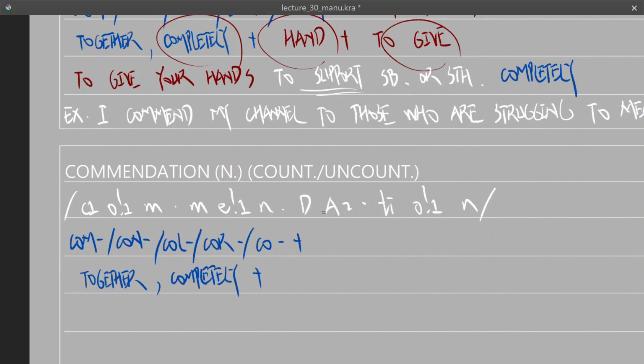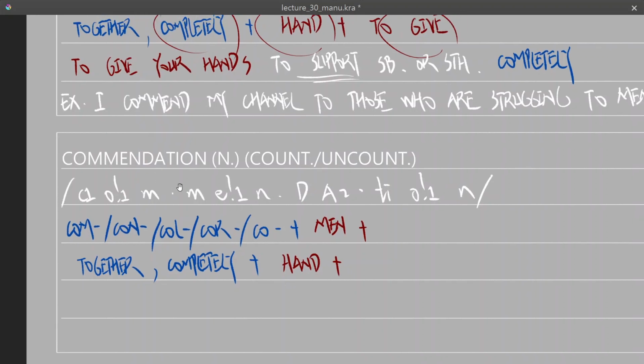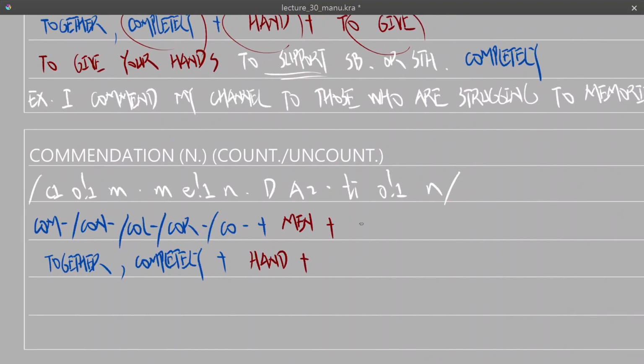The root man, meaning hand. And we have another root, dare, meaning to give.